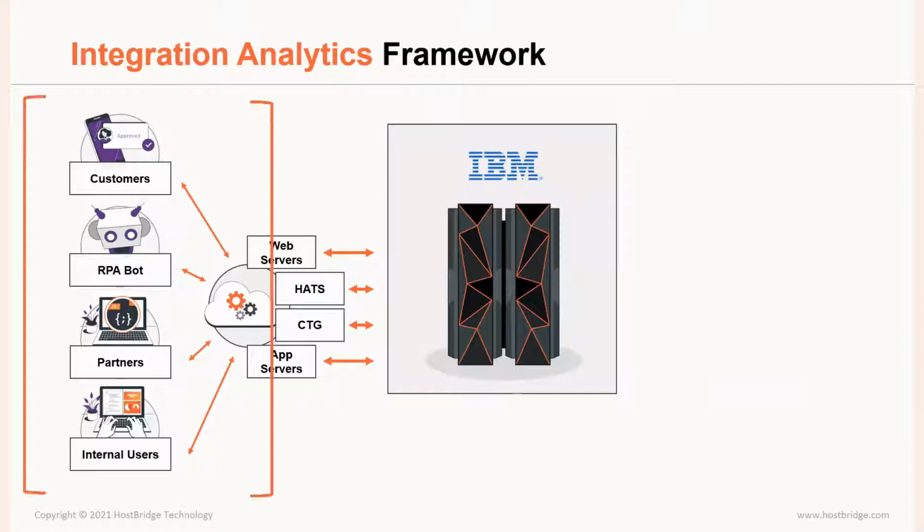Most organizations have really good tooling to zoom in on the distributed part of their organization, where they have all of the devices, whether they are in the hands of internal users or partners or customers, or whether they are exploring the use of RPA bots, automated hands, so to speak, on the keyboard. They have reasonably good tools to look between those square brackets and say, oh yeah, I kind of see what's going on there.